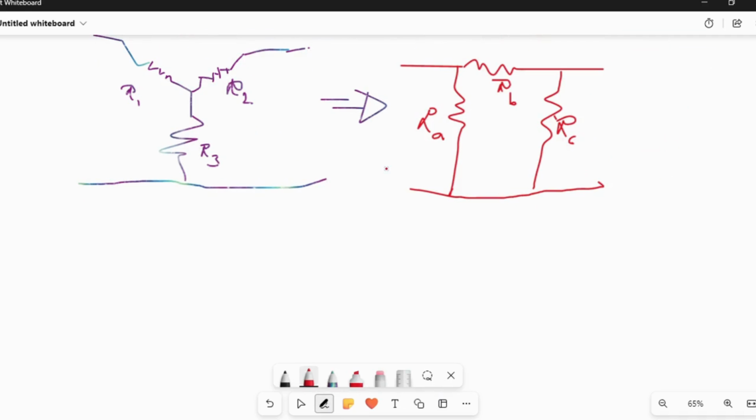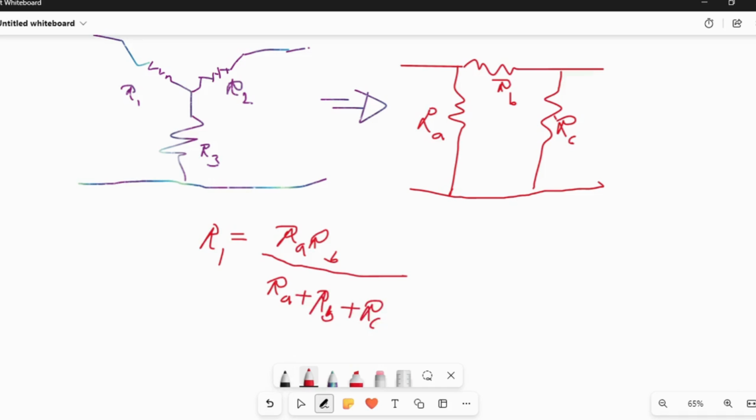So now, what is R1? R1 is equal to RA RB divided by RA plus RB plus RC.